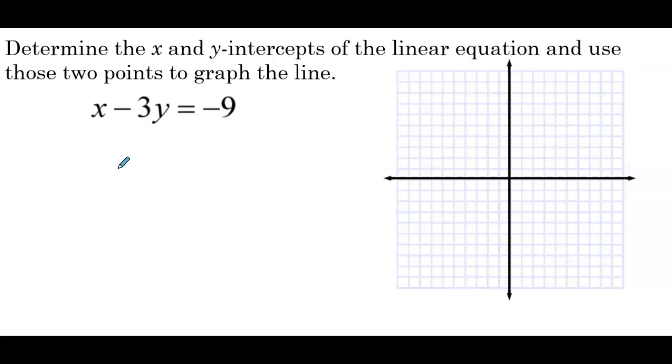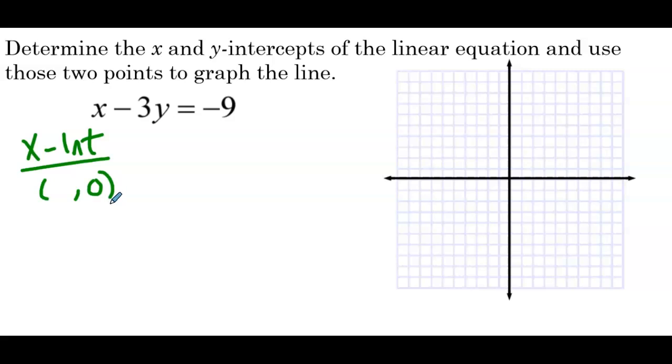So our first example, determine the x and y-intercepts of the linear equation and use those 2 points to graph the line. Our equation is x minus 3y equals -9. First, we'll start by finding the x-intercept. The x-intercept is a point whose y-coordinate is 0. Personally, I like to write this out every time. It reminds me that my answer should be a point and that the y-coordinate is 0.